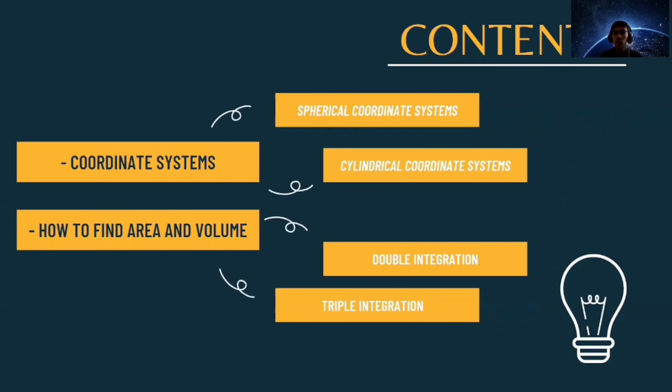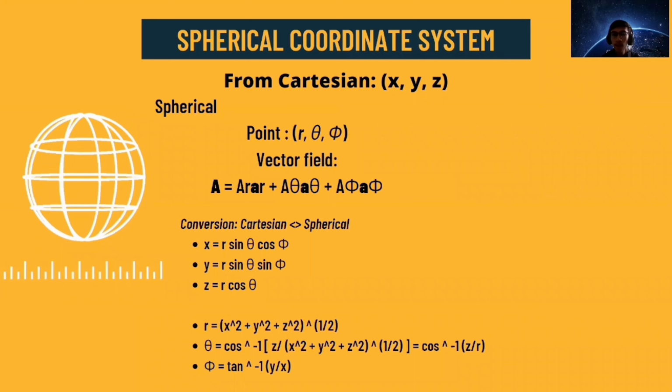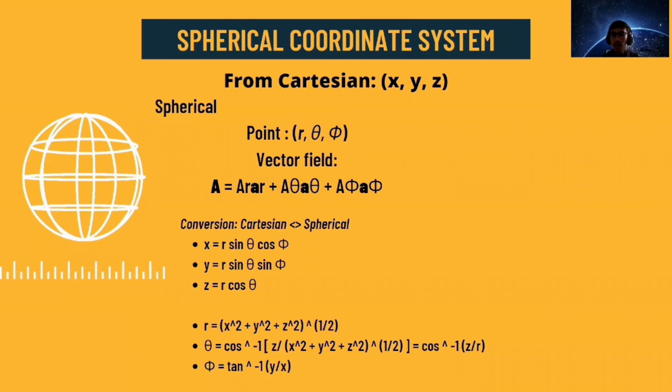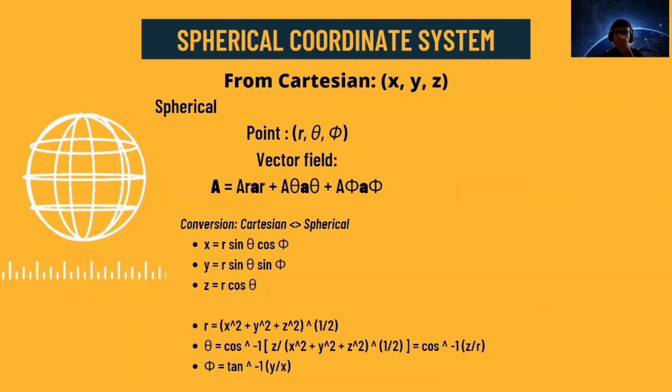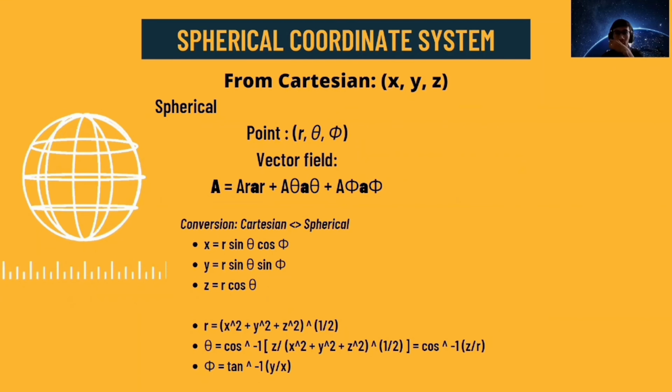For the spherical coordinate system, a point has three components, which are r, theta, and psi. From Cartesian, we have x, y, z, and we can convert from Cartesian to spherical or spherical to Cartesian based on this conversion. For the cylindrical coordinate system, we can also convert from Cartesian to cylindrical or from cylindrical to Cartesian.